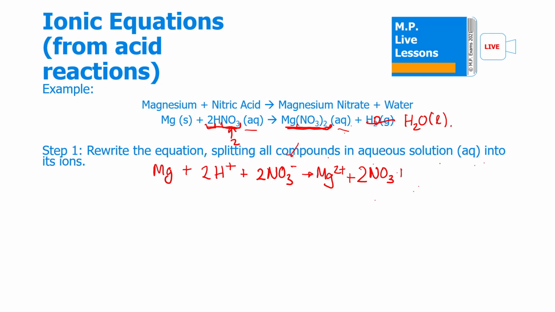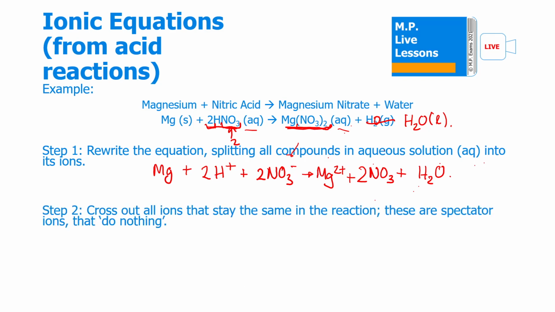And lastly, you have just water at the end. Now, after you've done that, you cross out all the ions that stay the same in the reaction. So these are spectator ions that do nothing or don't change in the reaction.